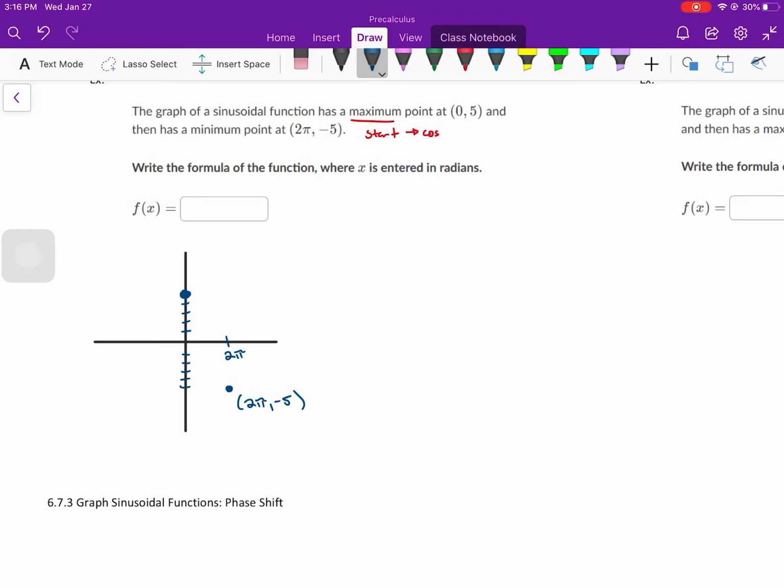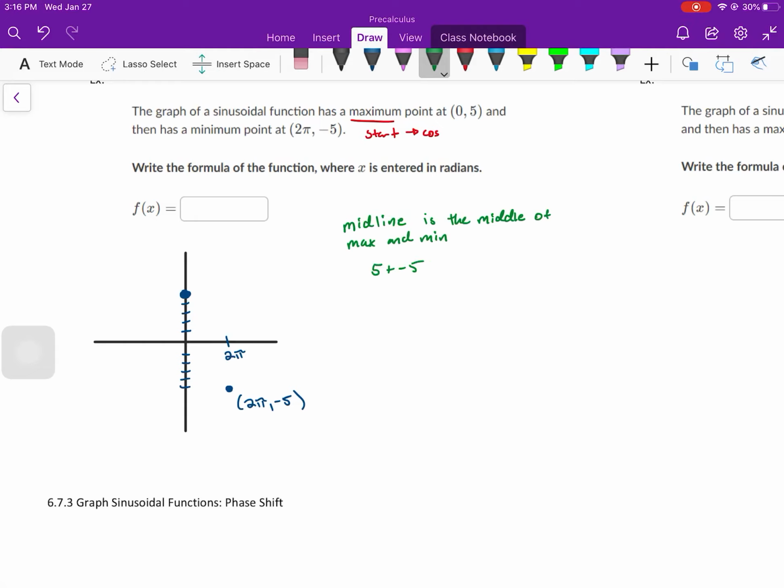So one thing we have to figure out is our midline, actually. The midline is going to be the average of the max and the min. It's the middle of the max and the min.